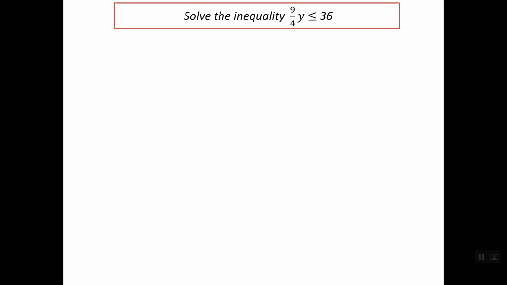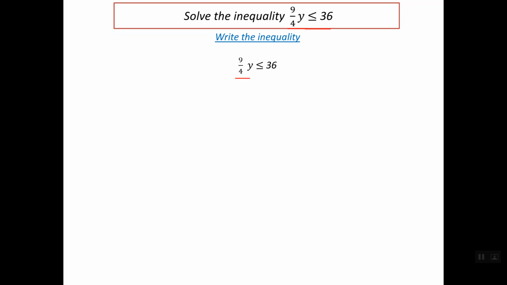Let's solve this inequality: 9 divided by 4 times y is less than or equal to 36. As you see here, the left side contains the variable y, but with a coefficient of 9 divided by 4.